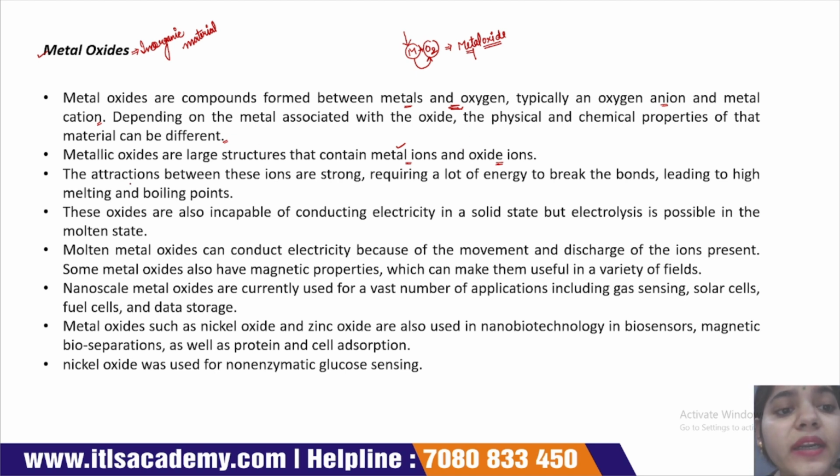The attraction between these ions is strong and requires a lot of energy to break the bonds, leading to high melting and boiling points. These metal oxides are unable to conduct electricity whenever they are in the solid state.